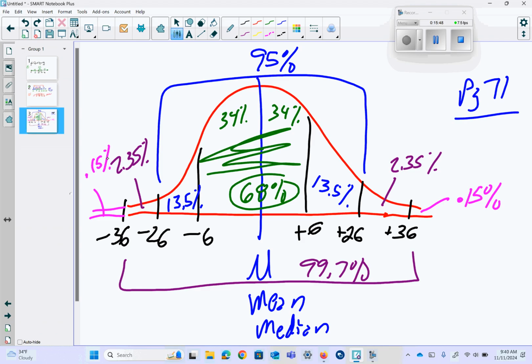And then if I go 2.35, 13.5, 34, 34, 13.5, 2.35, you get to 99.7. Again, those are approximates, but it's good to use that for just our foundation. All right, so anything important there?